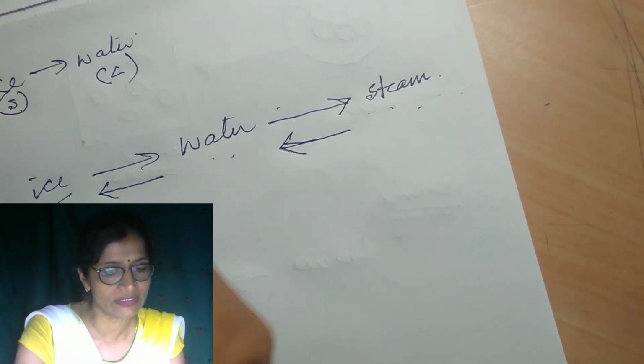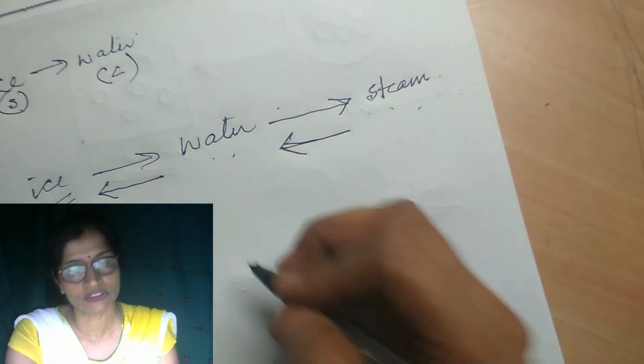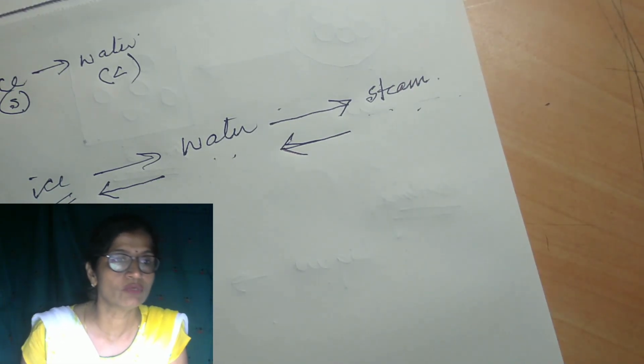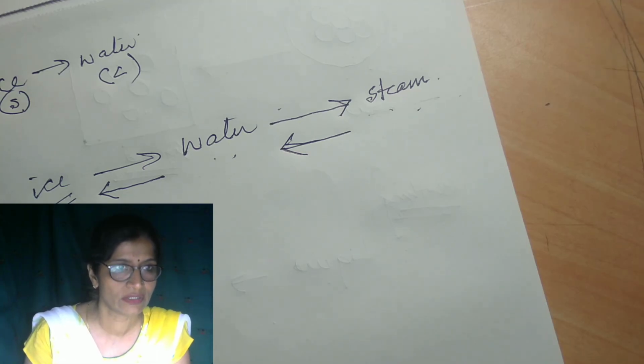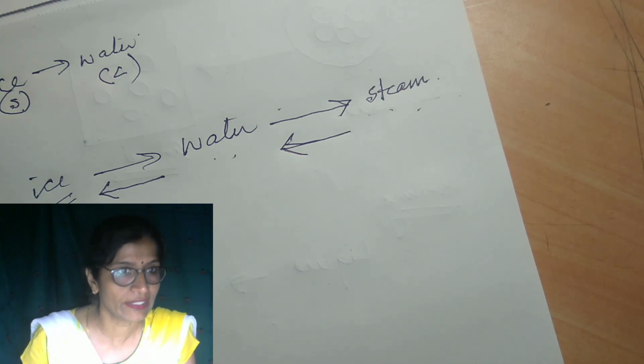Not only ice converted into water, or water changing into water vapor, even other substances also change from one state to another, like wax converted into liquid or molten wax on heating, and the molten wax converted into wax vapor on further heating.